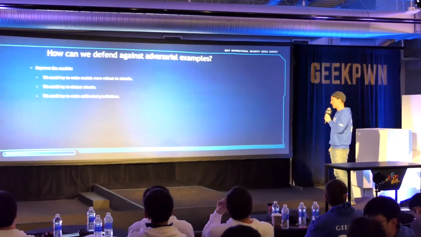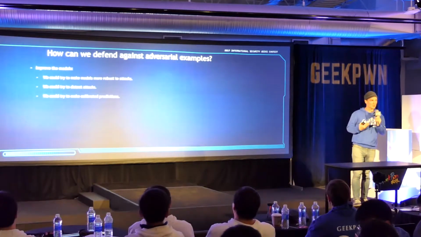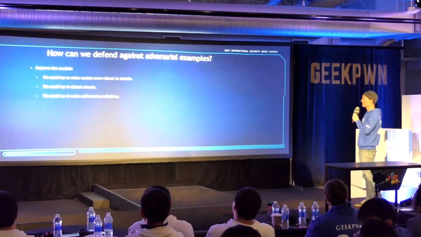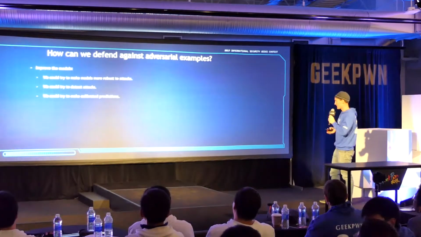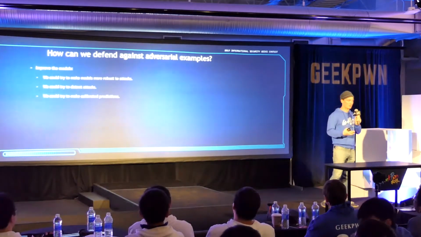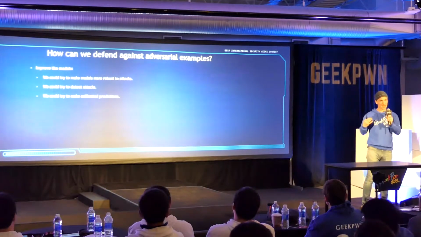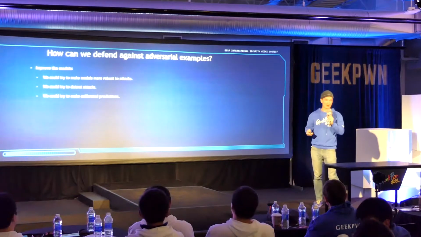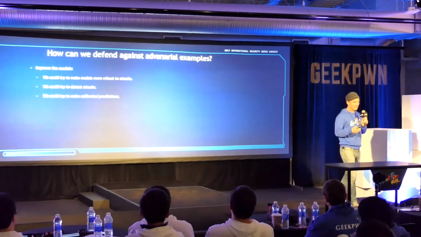There are a variety of ideas here. So we could try to improve the models. We could try to make the models more robust to attacks. We could try detecting attacks, or we could try to make more calibrated predictions about our inputs, so that if we're not confident, we at least know that we're not confident.